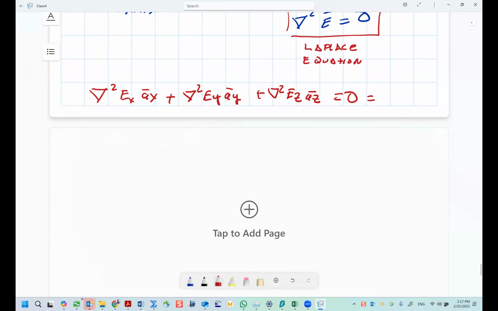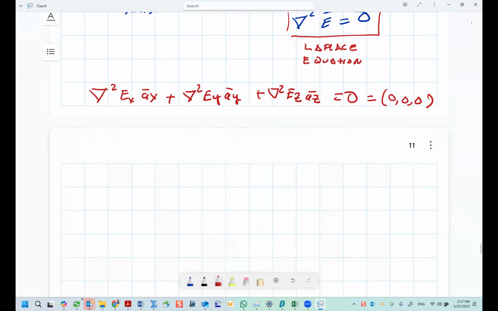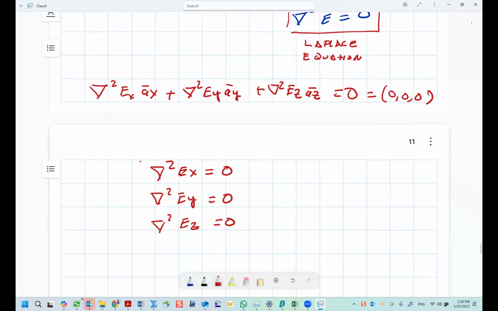By this being equal to 0, I mean the vector 0, 0, 0. Therefore, it is really three scalar equations: the Laplacian of Ex equals 0, the Laplacian of Ey equals 0, and the Laplacian of Ez equals 0. So it's three equations. That's what we really need to solve for a true 3D problem if you solve this by fields.